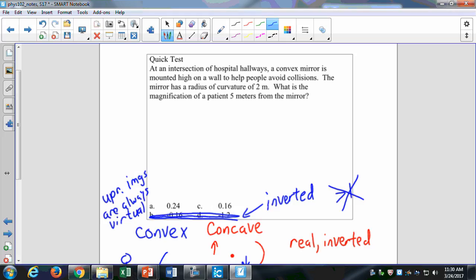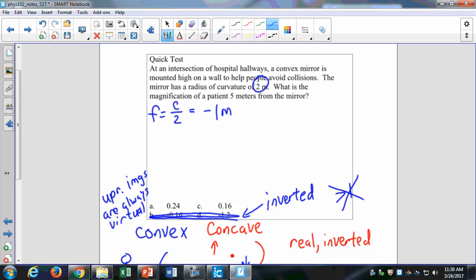And so it has to be either A or C. And then I go through and I say, well, what is the focal length? The focal length is the radius of curvature divided by 2. It's also a convex mirror, so it's going to be negative 1 meter. Because the radius of curvature is 2, that divided by 2 is 1. And it's negative because it is a convex mirror.